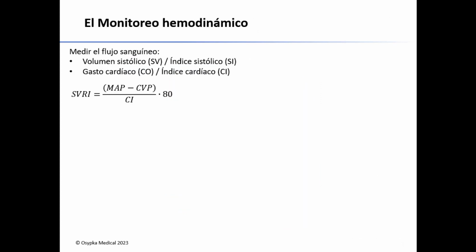Okay, let's talk about hemodynamics and what electrocardiometry brings to you. So every hemodynamic monitor gives you flow, stroke volume or stroke index, and cardiac output or cardiac index. And with knowing the blood pressure, you can determine the systemic vascular resistance according to this equation.